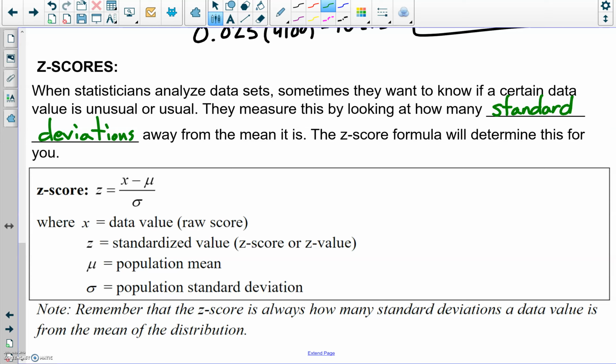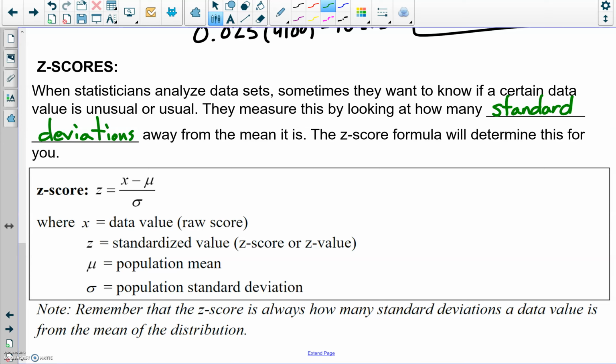So what that's telling you is that your data value is 4 units away from the mean. Well, then if you knew that your standard deviation was just 2, you would be able to divide 4 by 2 and get 2. And it's like, okay, there's 2 standard deviations away for that particular data value.